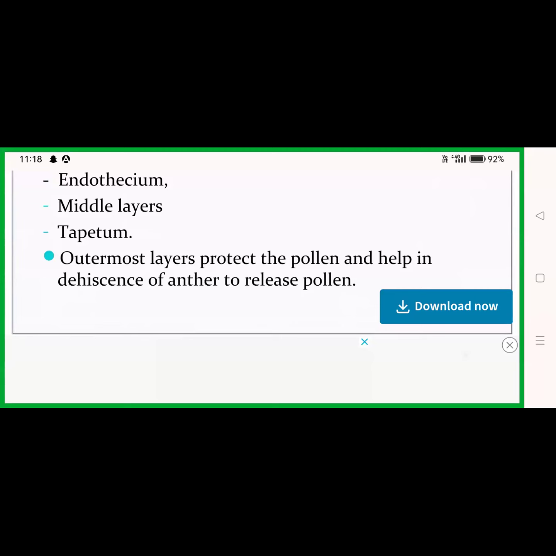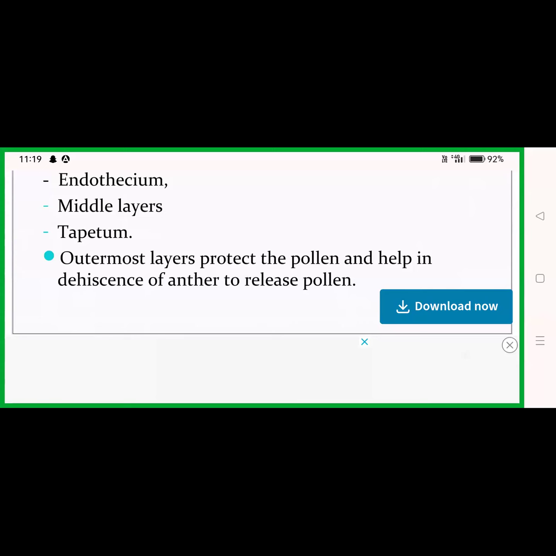So the protoplasm of these cells enters into the anther locules and fuses to form a common mass. That is called the periplasmodium. The amoeboid tapetum is considered to be of primitive type and is found in monocots and some lower dicots.